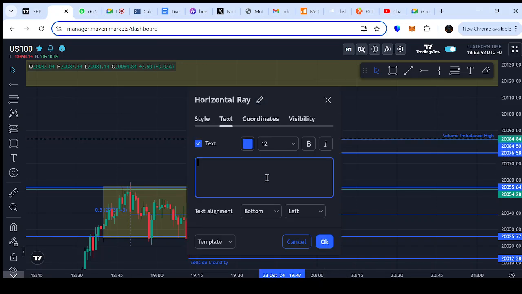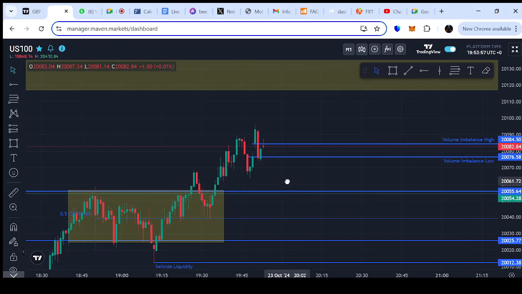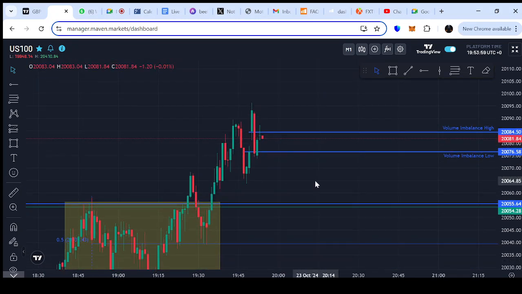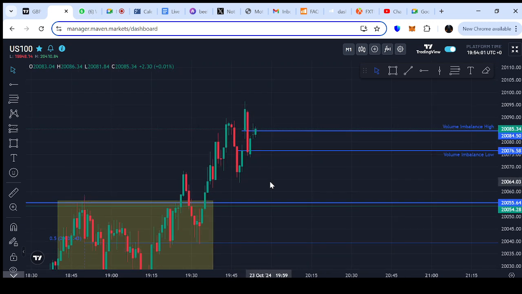Then volume imbalance low. It's a void. See what price is doing inside it.